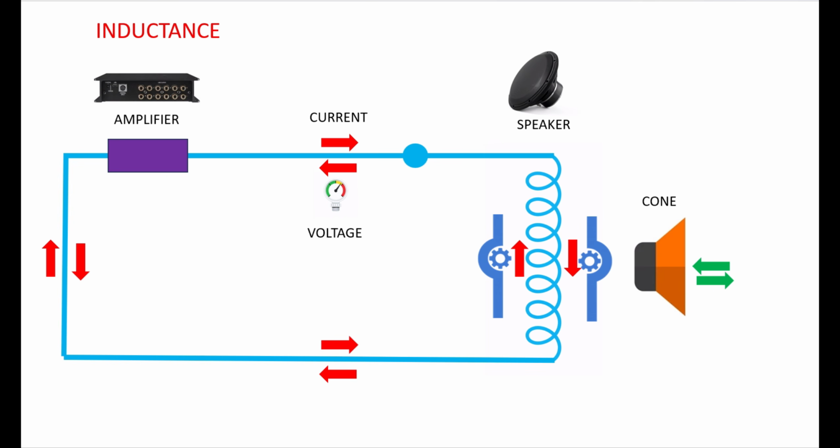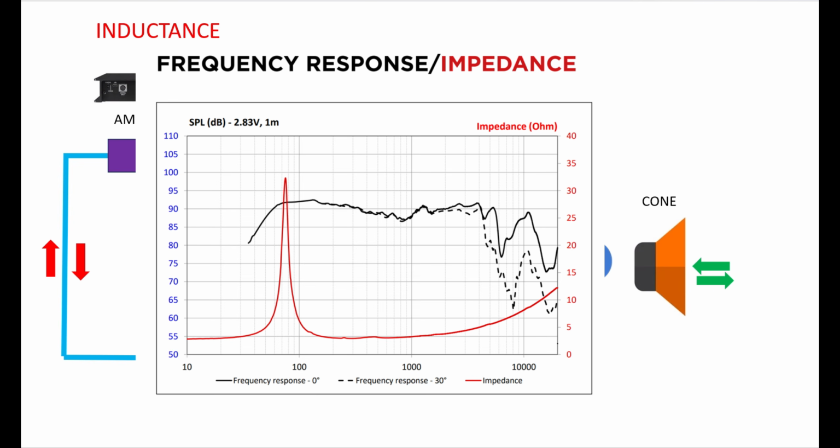And that's why, because impedance includes inductance, you'll see impedance curves when you look at speaker technical sheets, with a big rise in the impedance as you go up in frequency.